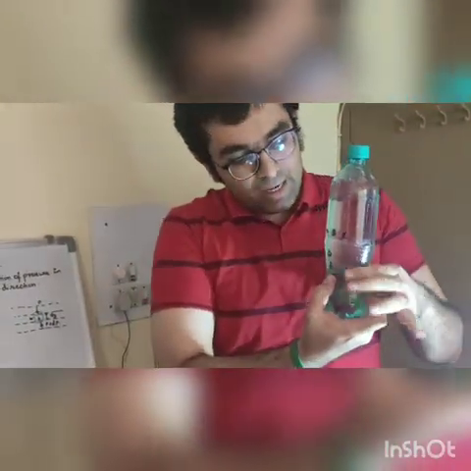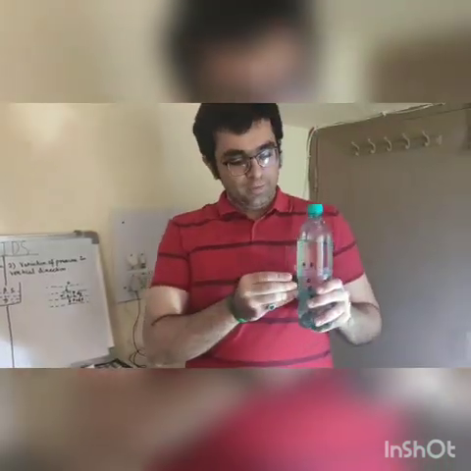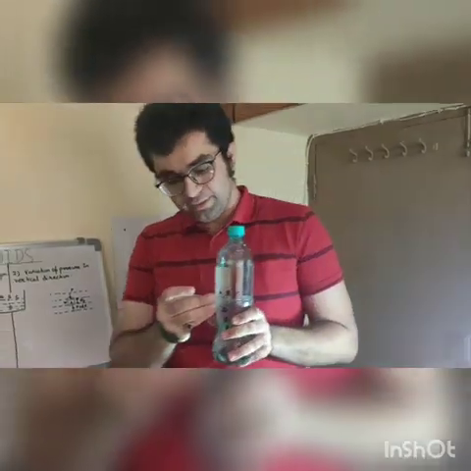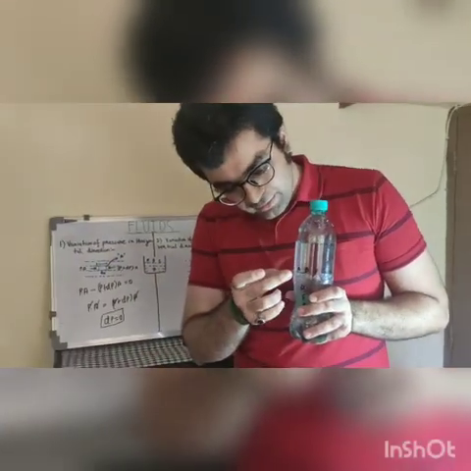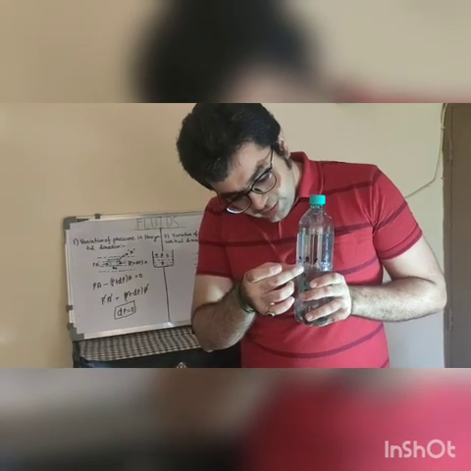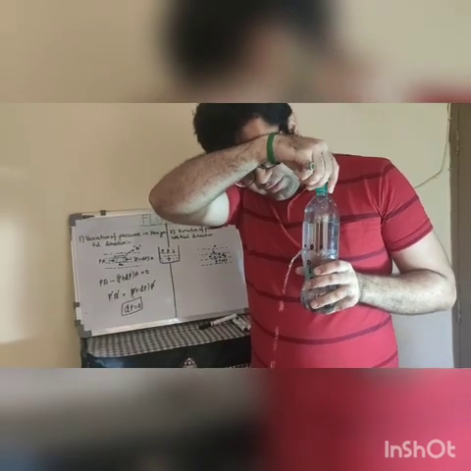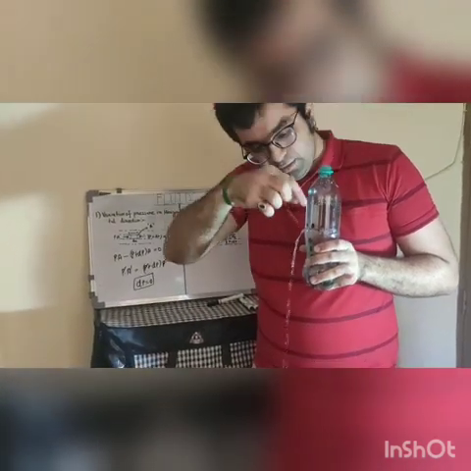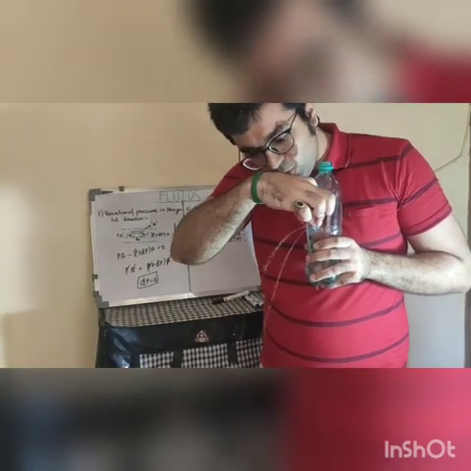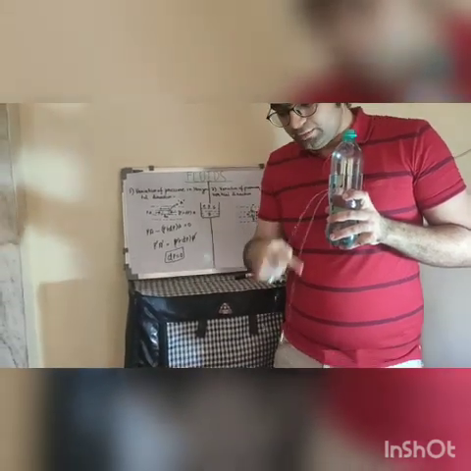So now you can see that I am going to remove this tape. Now we will open this tape and we can see how the pressure variation is going to take place. So I am removing this and you can see that first of all point A, we have to open the cap. You can see that water is flowing from point A. Now I am removing for point B. You can see that from both the points the range of this motion is same.